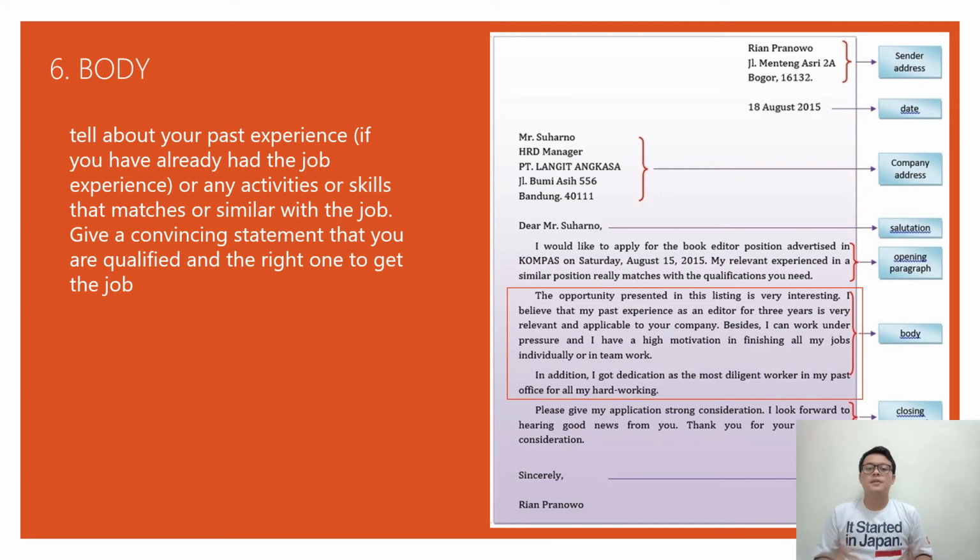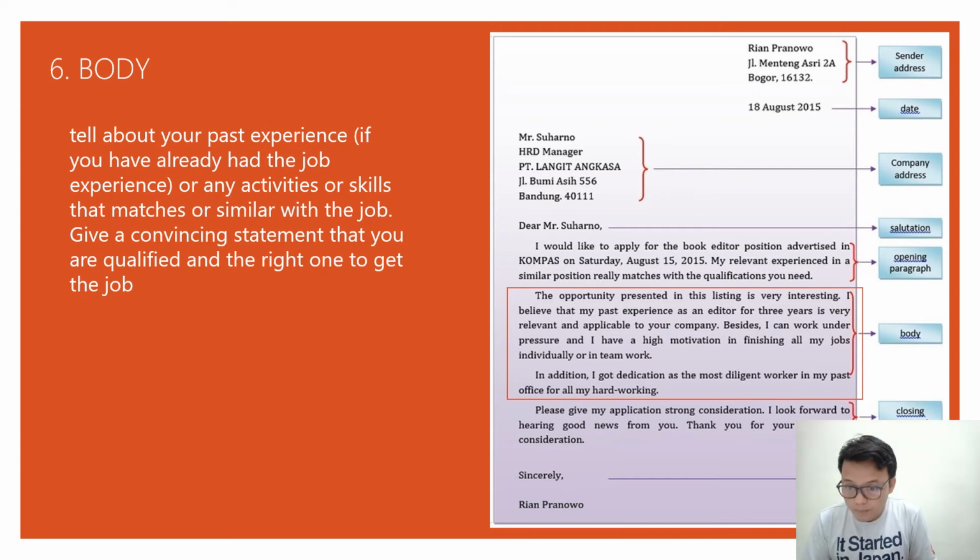Because the body tells about past experience. For example, if you want to apply for a teacher and you have ever experienced being a teacher, you need to put that in the body. Okay, if your past experience is more than one, then put all of them, or also put any activities or skills that match or are similar to the job.